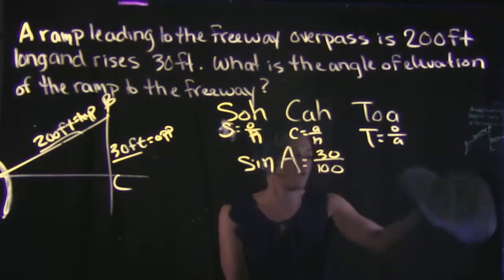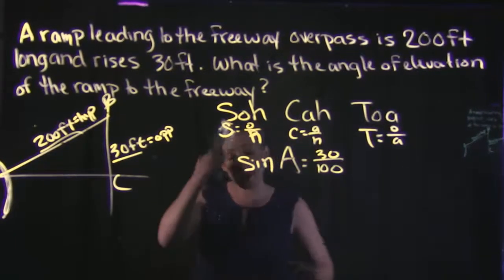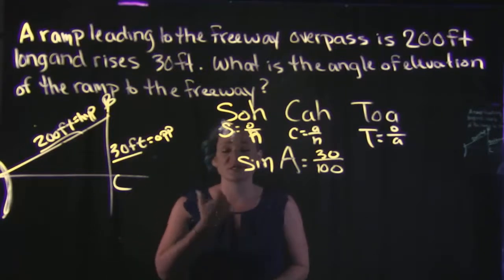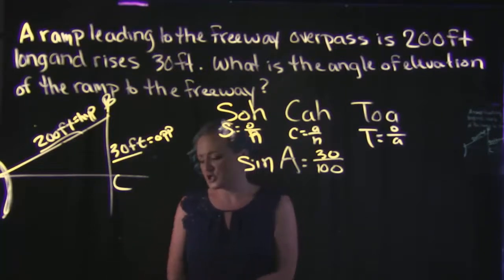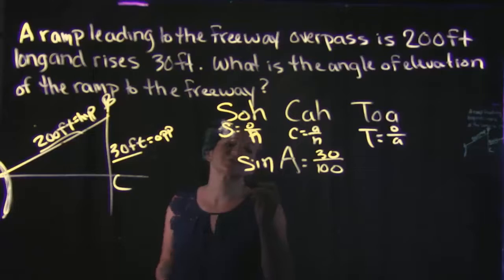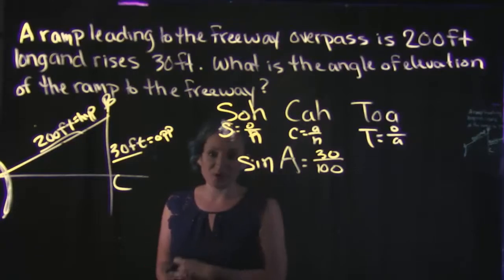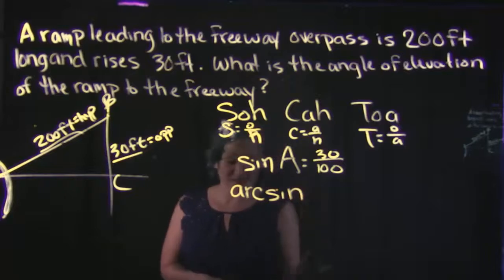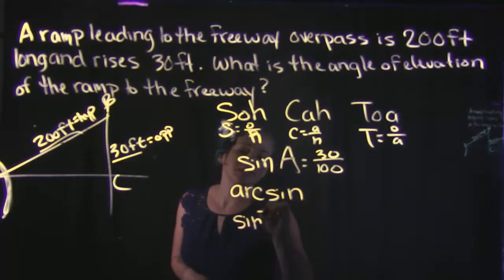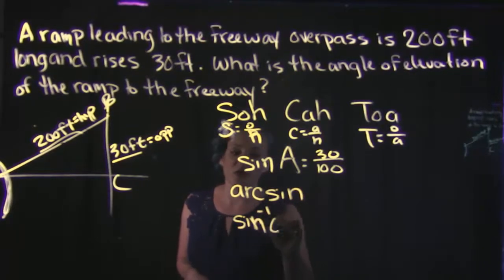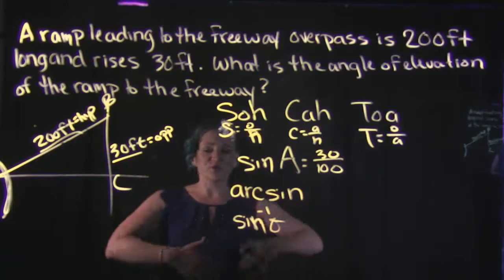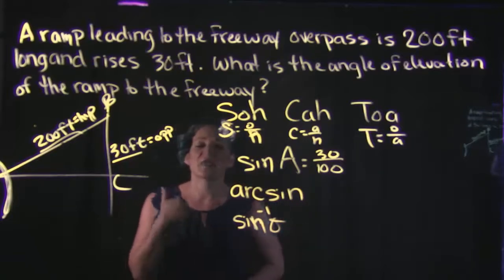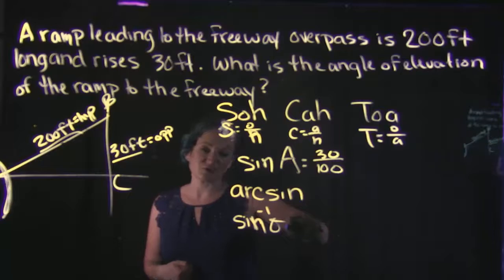We are solving for the angle, so this is actually going to be an inverse sine function. Depending on how your calculator is, to do an inverse sine on your calculator, you could see arc sine, or you can see the sine inverse function. Both of these mean the same exact thing, but we need the inverse function.